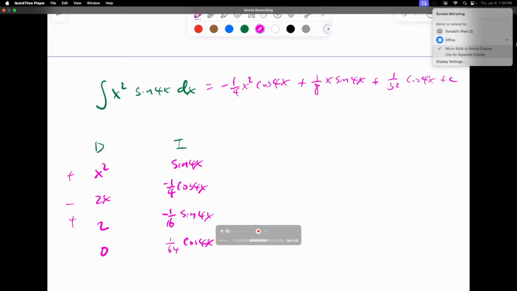Okay, so now we're going to talk about cyclic. Cyclic is really hard for you guys to see, but remember LIATE. When you have a combination of T and E, usually it will become cycle, because the derivative of the trig function is going to cycle, and the derivative of e to the x also cycles.